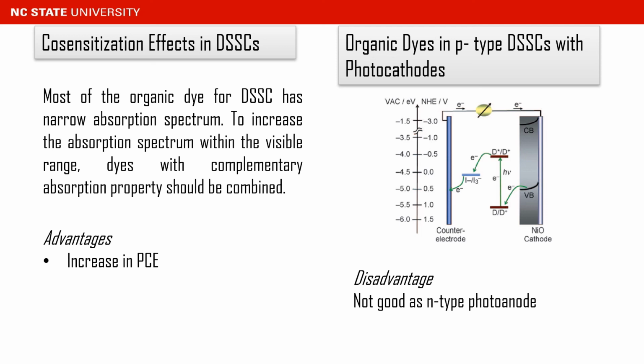The electron transfers from the photocathode to the dye, and then it is transferred to the counter electrode, and that is how electrons run throughout the circuit. The disadvantages of this kind of p-type organic dyes are that it is not as good as the n-type photoanode, and it has lower power conversion efficiency.